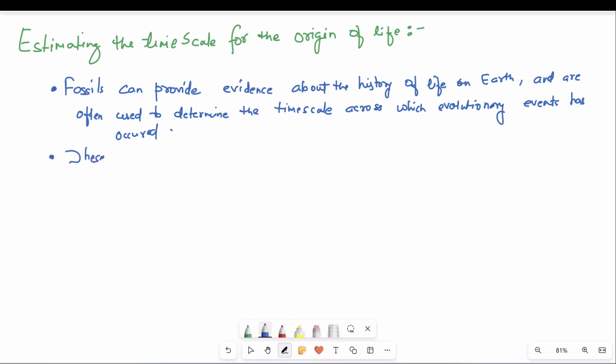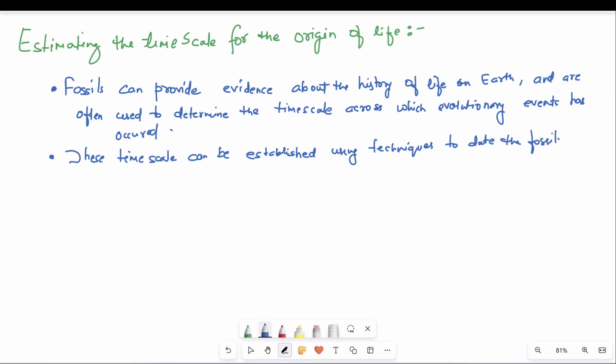So these time scales can be established using techniques to date the fossils, or you can also find the age of the rocks, right? In which they are found.